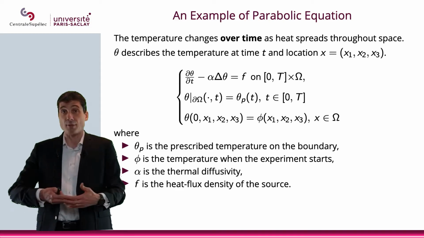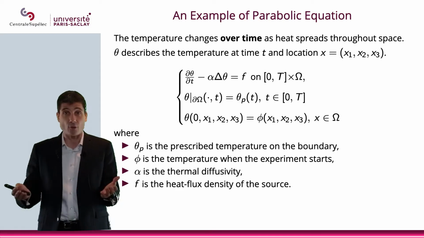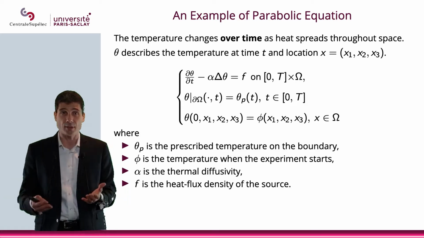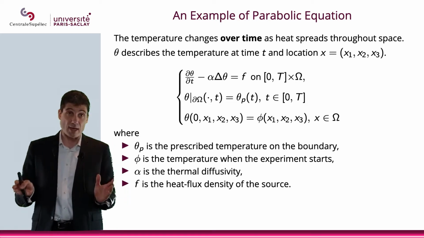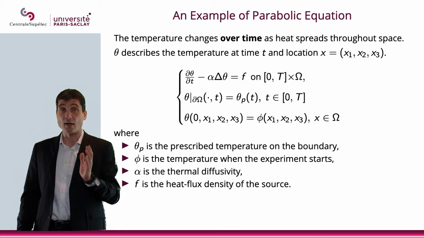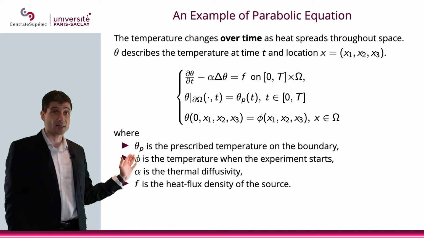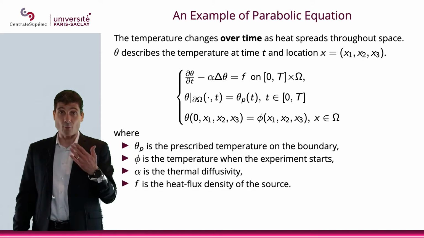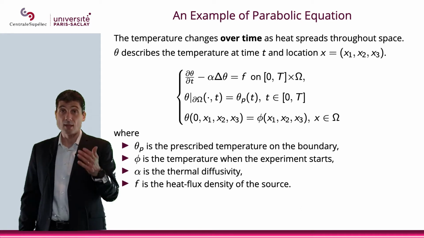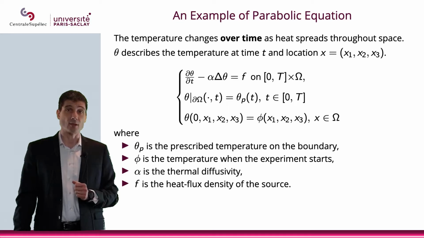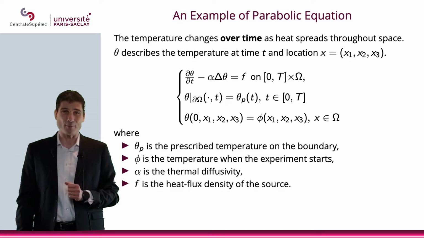Possibly it is simply the same temperature, we didn't do anything, so everything is at the same temperature. That's a possibility. But at any rate, what we have is that the temperature is known at time t equals 0. So this is the equation that we have, and this is the equation that we will study in this chapter, or rather, these types of equations that we will study in this chapter.